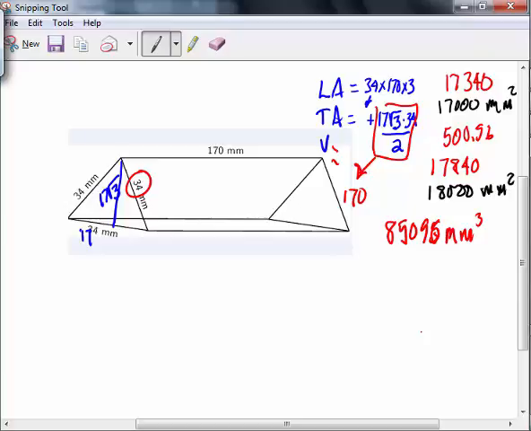And then finally for our volume, we can have 2 sig digs, so we would say 85,000 millimeters cubed. Next one.